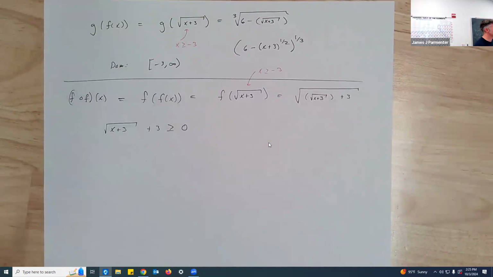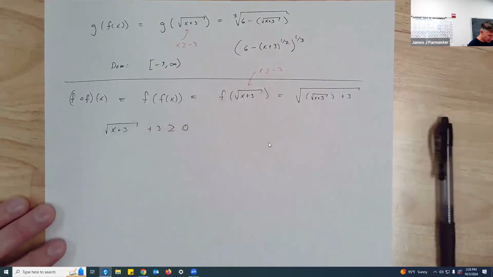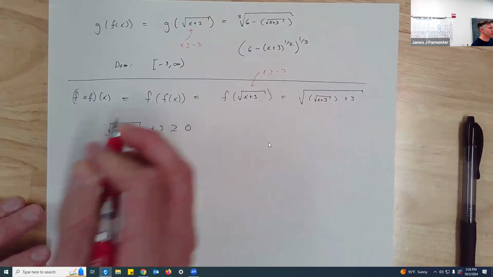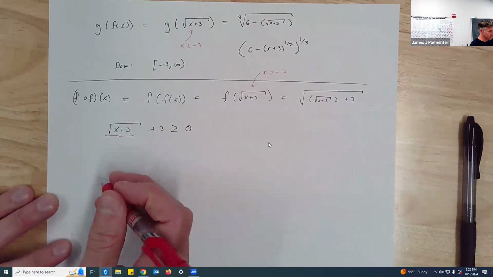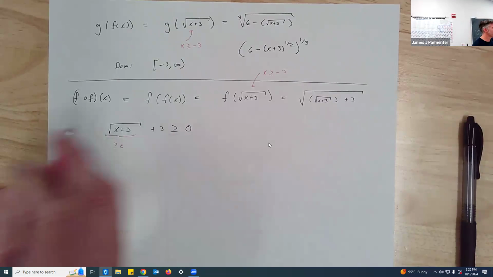And here's a place where it's easy to make the wrong decision. When you take a square root, let me just ask, what's the square root of 16? Right, just 4, not -4 and +4. So this quantity here, the square root of x plus 3, no matter what value you plug in for x, is always going to be greater than or equal to 0.